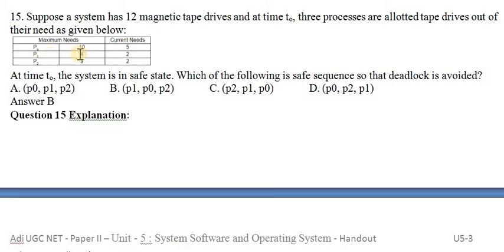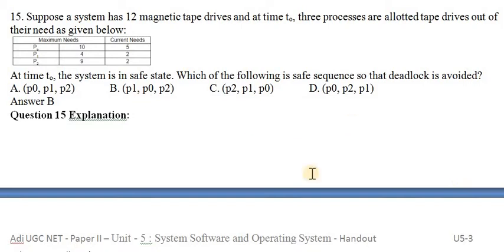P1 needs a maximum of 4, but we already allocated 2. P2 needs 9, but 2 are already allocated. We have 12 magnetic tapes in total, but 9 are reserved, so in our hand we have only 12 minus 9, which is 3.